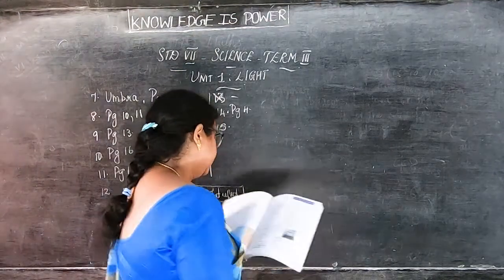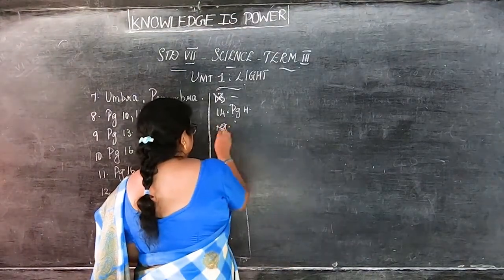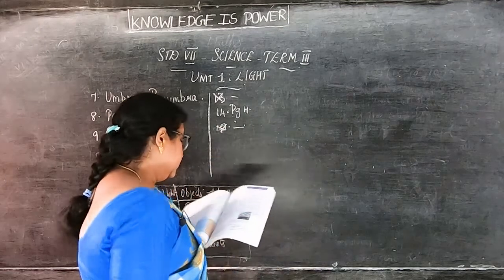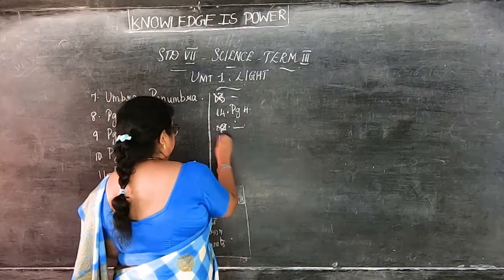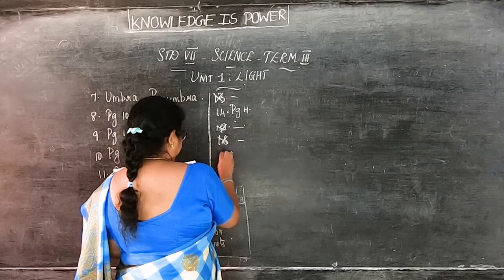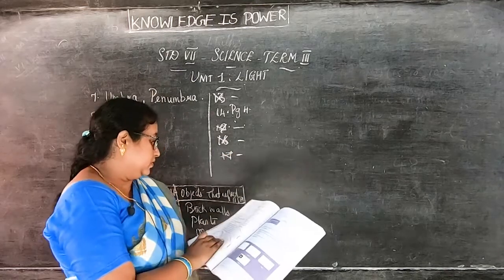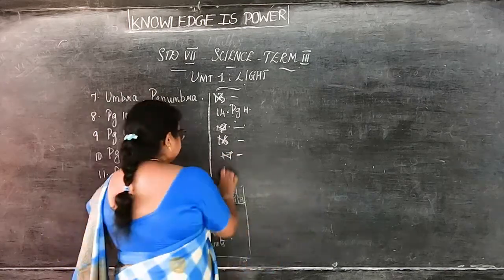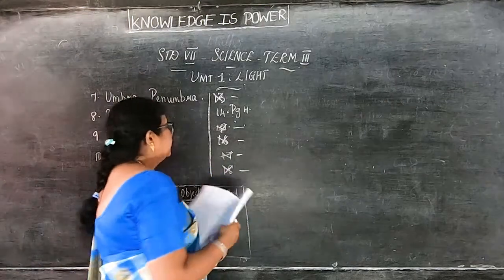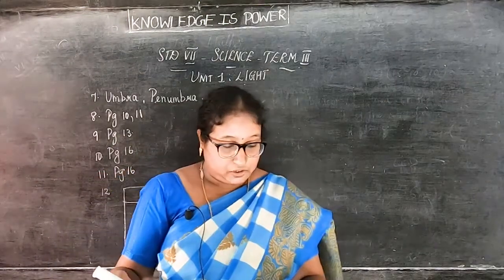No need, children. 15th, strike it out, no need. Put a cross. And then 16th also. Then 17th. No need for these questions, okay? 18th also. Put a cross, no need. So 15, 16, 17, 18. Just put a cross, no need for those questions.